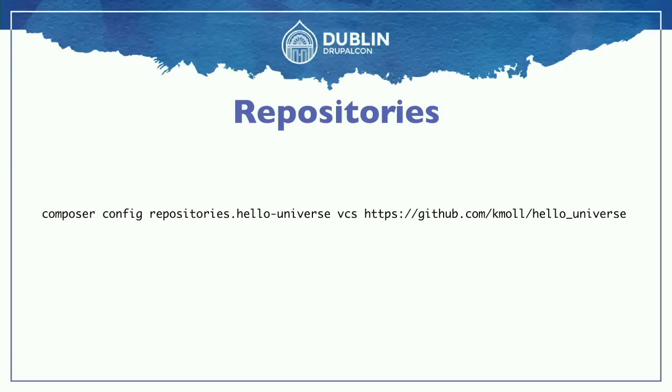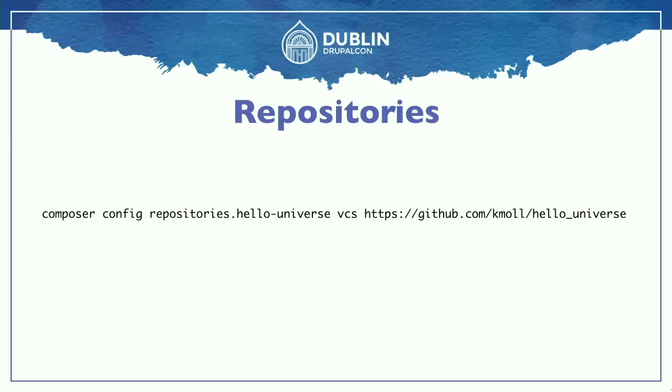I'm going to specify Composer config, repositories.name, so the name of your repository, VCS. VCS is a type, so you can specify which type Composer uses. This essentially just says this is version control, and then the URL of the repository.